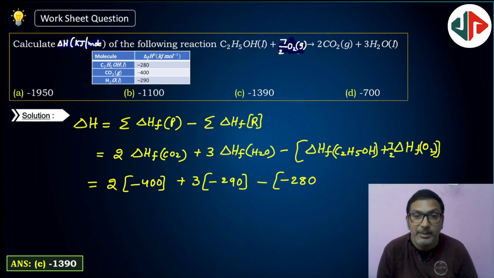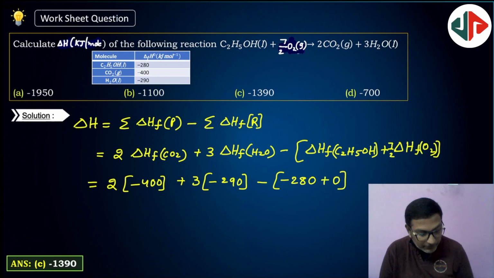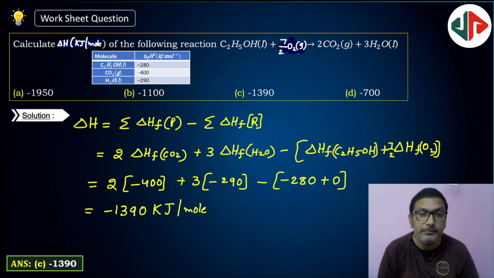Delta H formation of O2: O2 is in standard form, therefore it will be 0. So this value will be minus 1390 kilojoules per mole. Minus 1390, option C.